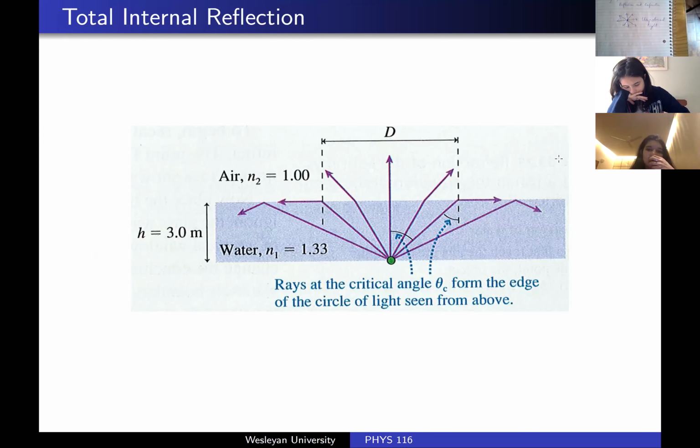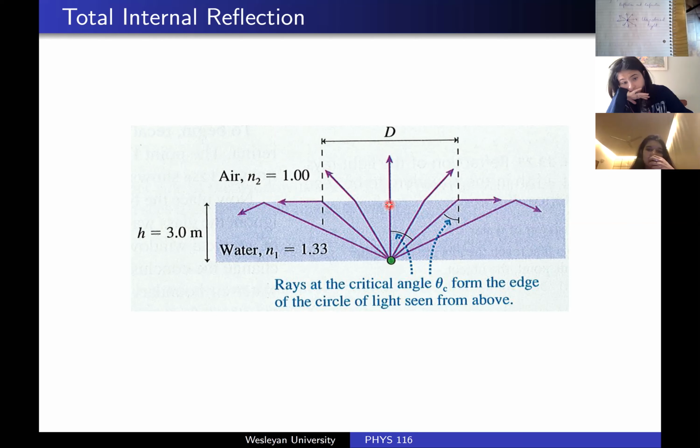So one interesting thing that happens if you have light going from a higher refractive index like water to air, we know that the light is going to bend away from the normal. If it's incident straight up, the angle of incidence is 0 because there's no angle with the normal.